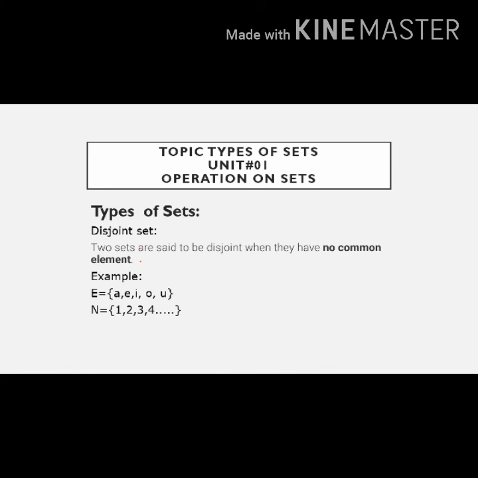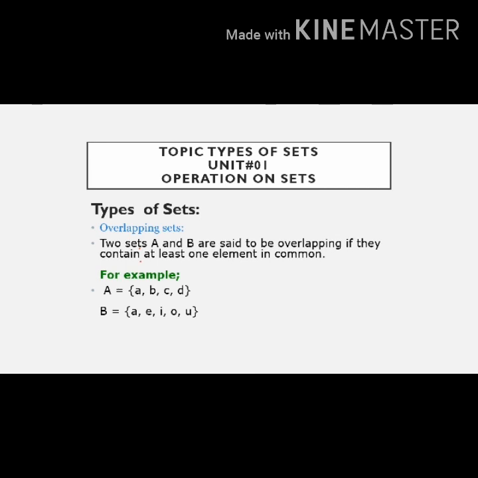Now see the example that is given here. The first set E contains the vowels A, E, I, O, U, and the second set contains the natural numbers. That means there is no element that is the same in both sets, so these two sets are known as disjoint sets.